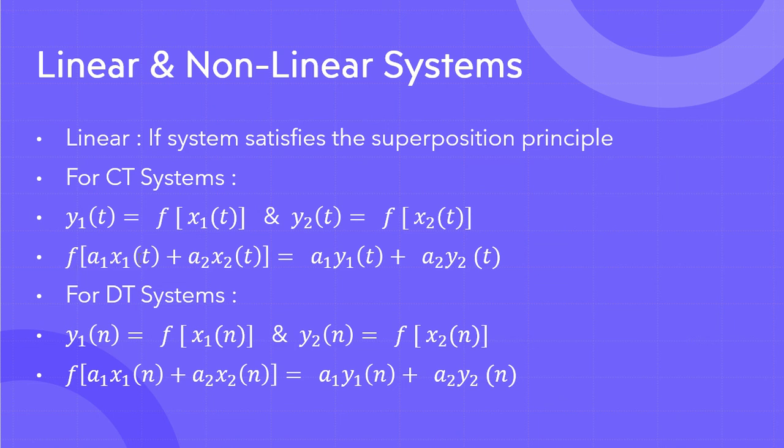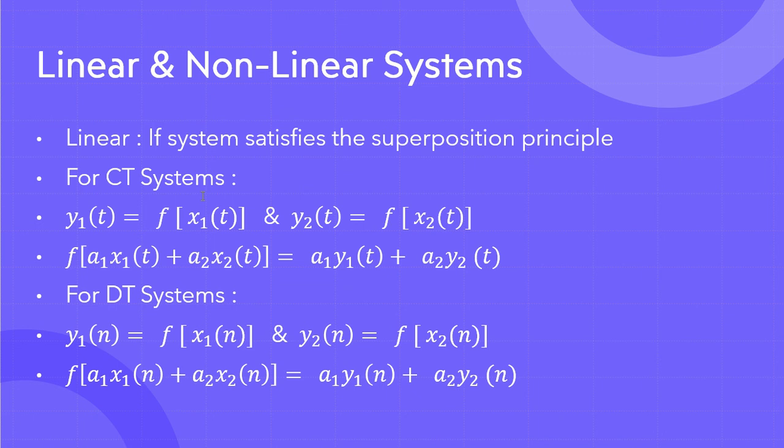That is your superposition theorem. And if your system satisfies that, it is a linear system. If your system does not satisfy this condition, then it is a non-linear system.